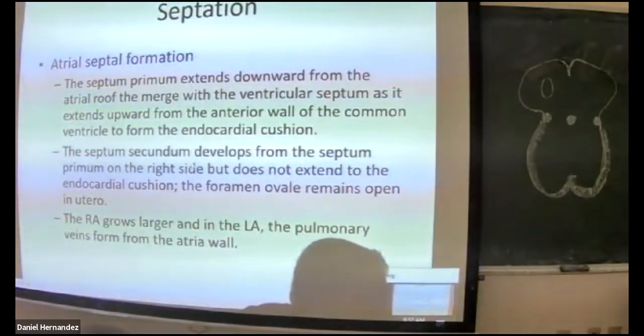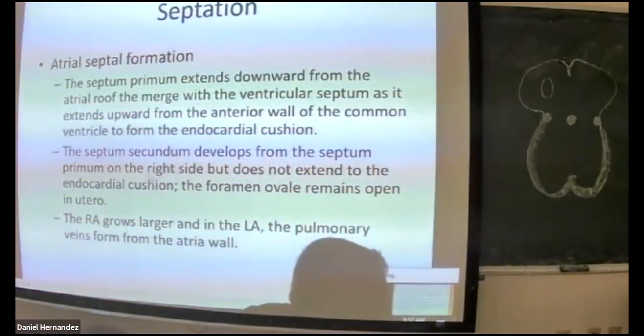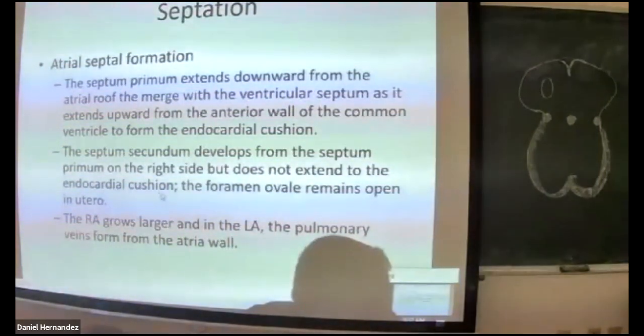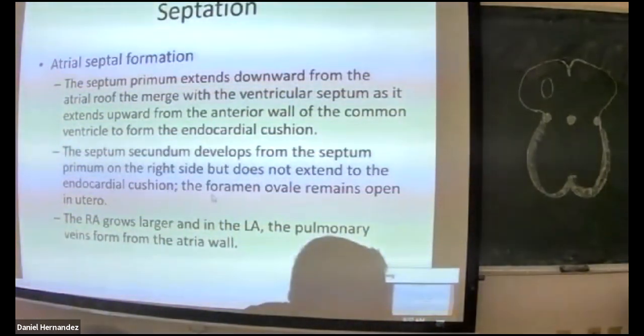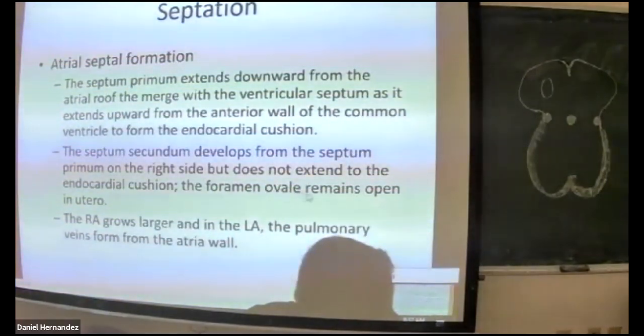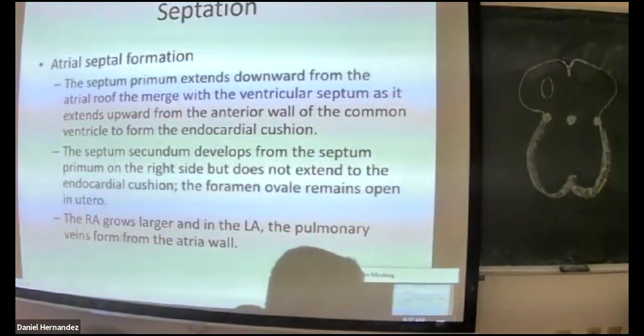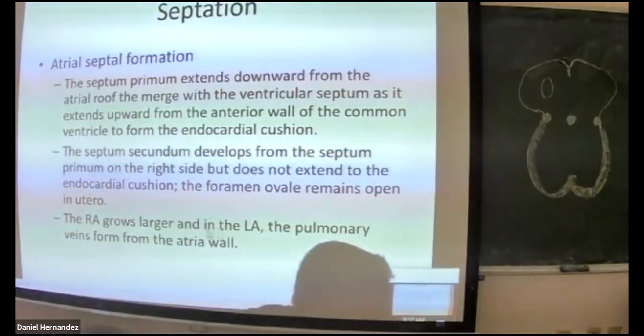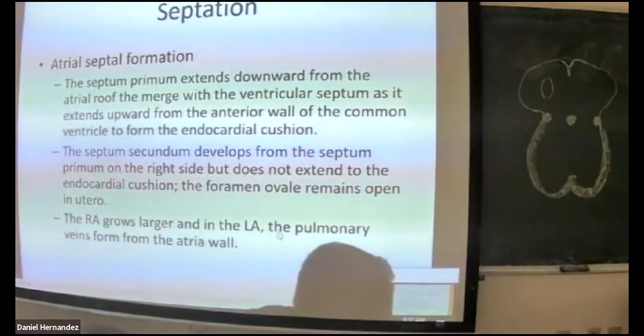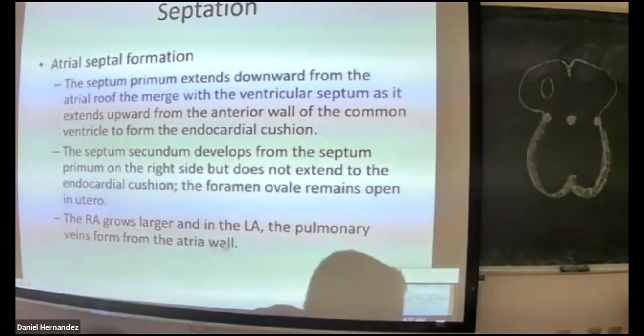The septum secundum develops from the septum primum on the right side, but does not extend to the endocardial cushion. The foraminal valley remains open in utero. The right atria grows larger, and in the left atria, the pulmonary veins form from the atrial wall.